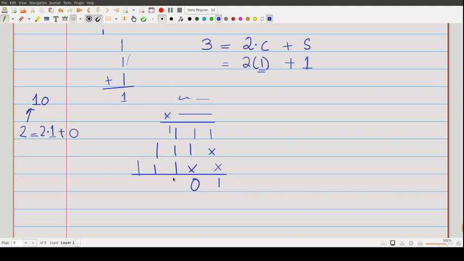Now this is 4. Now 4 is equal to 2 times 2 plus 0. What you can do is think about this as writing the last digit still 0, but you have to carry 2 now.